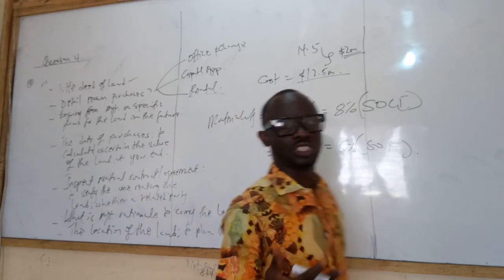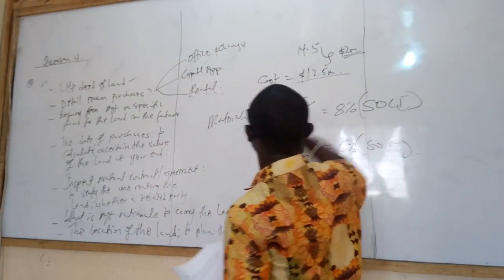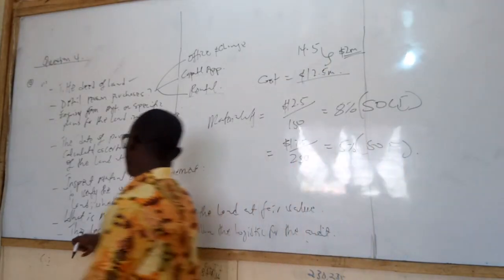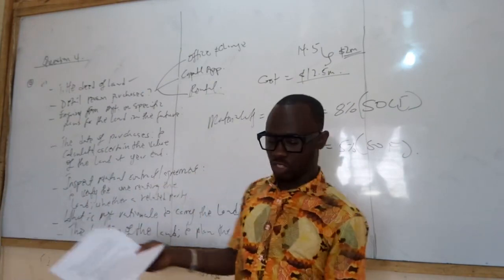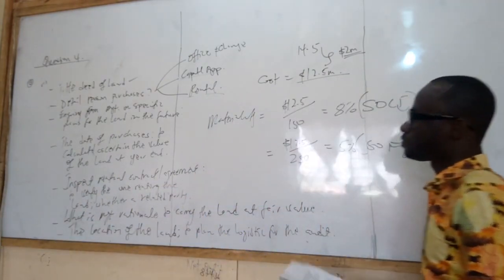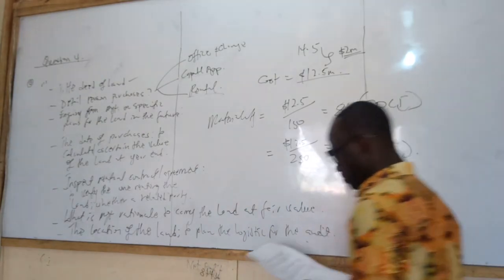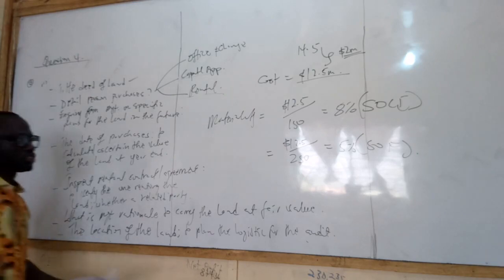So we need to go there to see how many acres of land it is. Is this land actually worth the value being placed on it? So we must know the location, so we plan our logistics. So these are a couple of things we need in relation to that. So these are some things we can mention. It's just 5 marks, so we ain't going to be writing much.